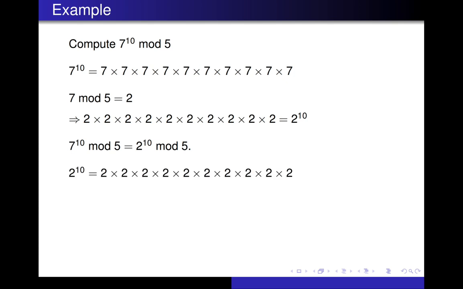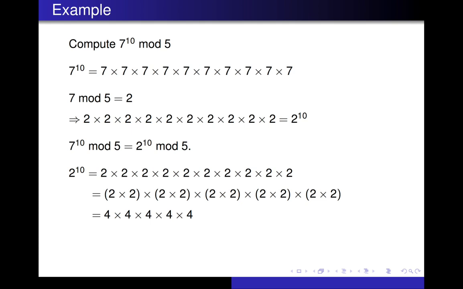So we're going to try to play the same game with 2 to the 10 as we played with 7 to the 10, except it's going to be a little bit harder, because if we try to replace each of those 2s with 2 mod 5, 2 mod 5 is just 2, which doesn't do us any good at all. But if we're a little bit clever and pair the 2s together, we have 10 2s. That gives us 5 pairs of 2. Each of those pairs, 2 times 2, is equal to 4, and that gives us 4 to the 5th.